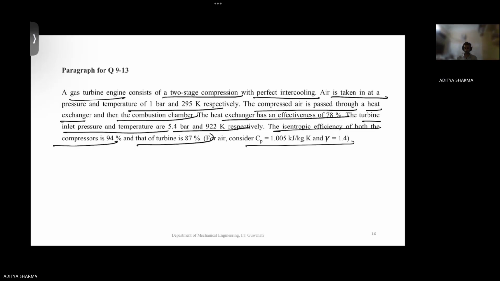Okay, let's do this. First, we'll draw the diagram.